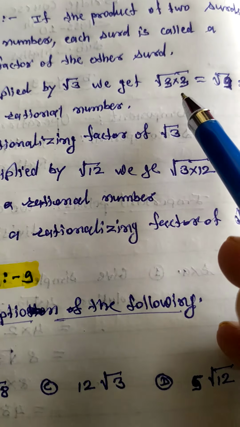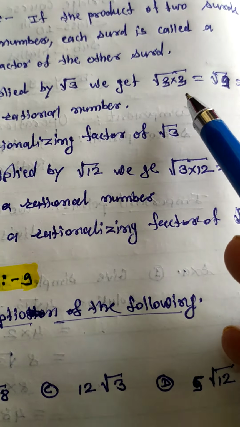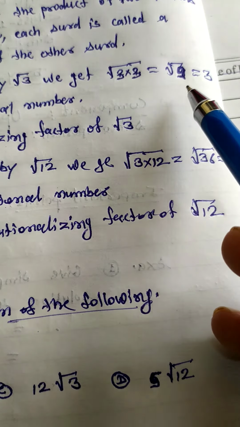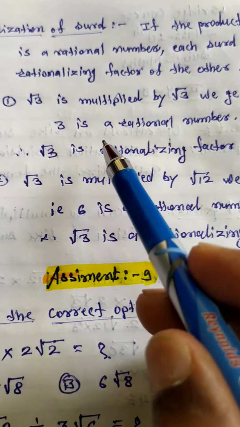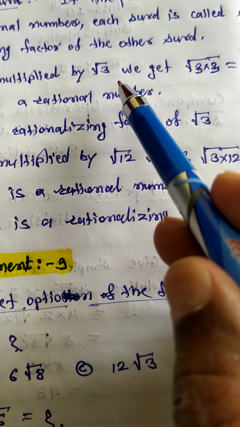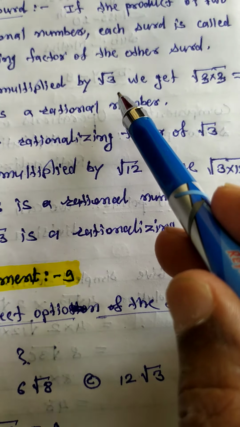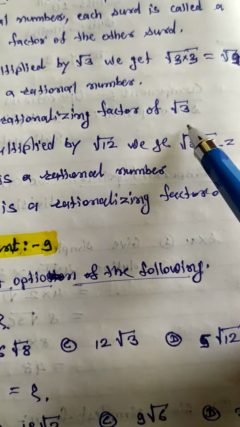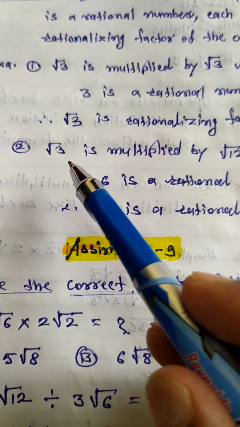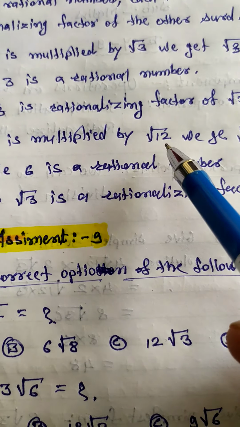Now for this definition the example is root 3 multiplied by root 3. We get root 3 into 3, that is root 9, and root 9 means 3. And 3 is a rational number. So this root 3 is the rationalization factor of root 3. Now the second example is root 3 multiplied by root 12.